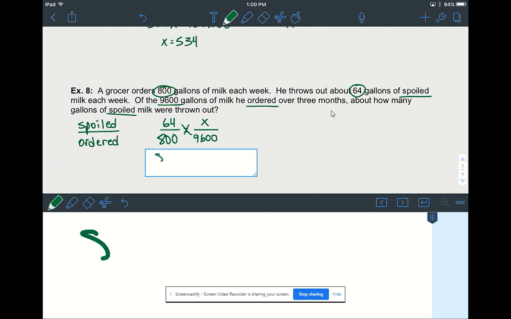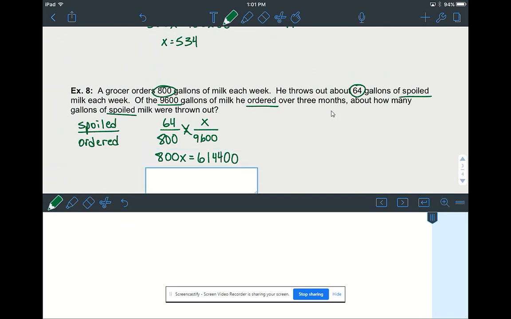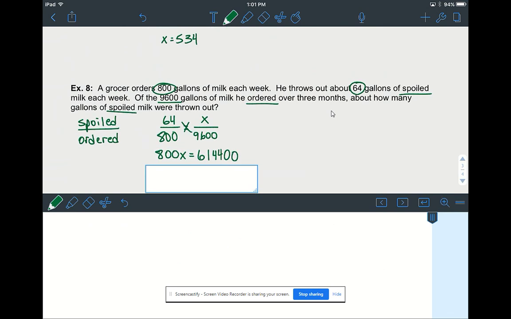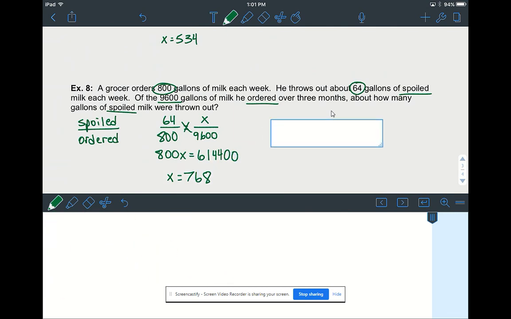Oh, this is going to be an even bigger number. 800x equals 64 times 9600 is 614400. Hoping I'm right. I'm using a calculator right here. I hope you guys know I cannot do this stuff in my head. Divided by 800, I got 768. Hopefully you guys got the same thing.